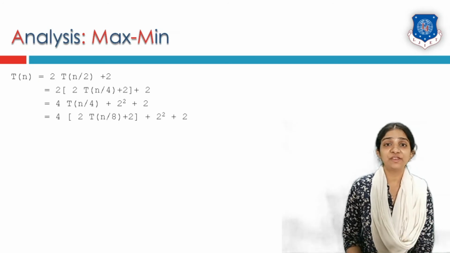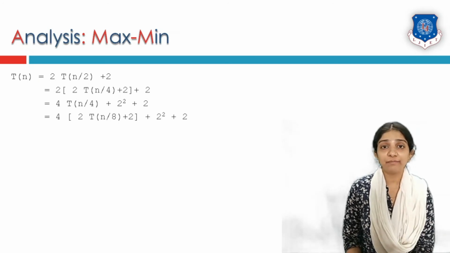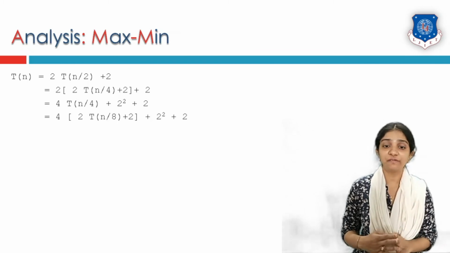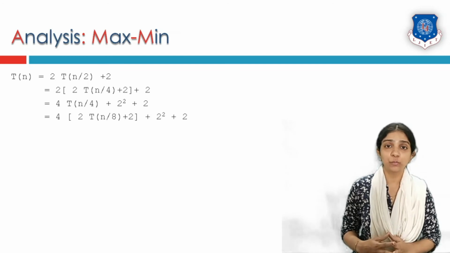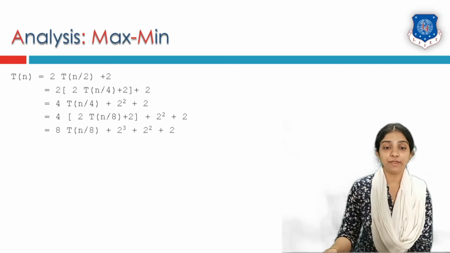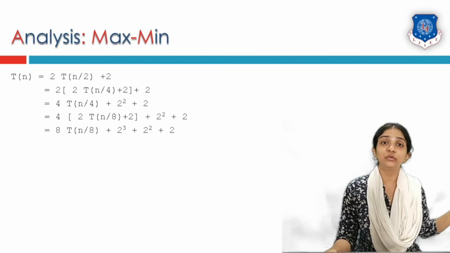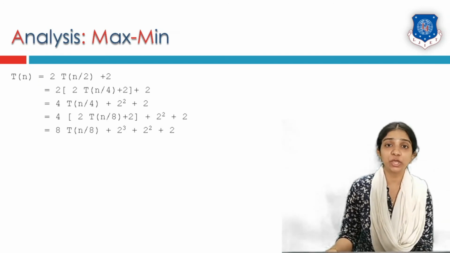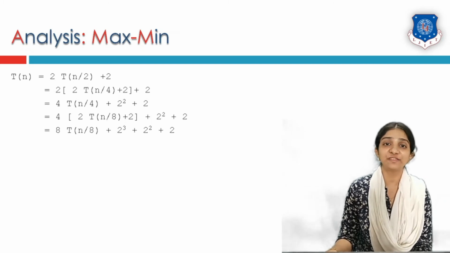Again we will make the substitution of n/4 with n/8. That is equal to 4 into 2T(n/8) + 2 + 2 square + 2. The expression would now be 8T(n/8) + 2 cube + 2 square + 2.